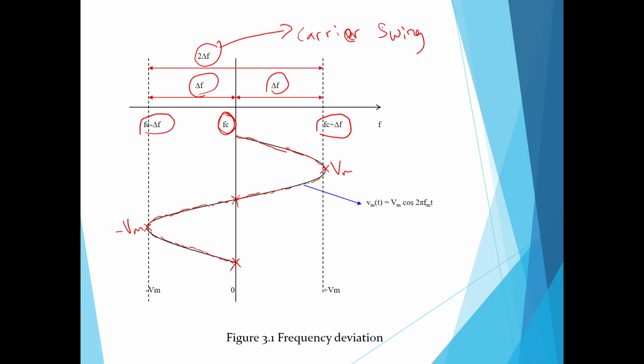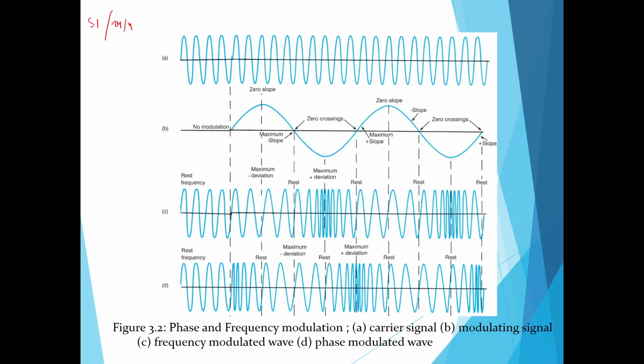Okay, and then again about this picture. This picture wants to show you how the waves vary when the input message changes amplitude. When the amplitude of the input message changes, what happens to the FM and PM signals?